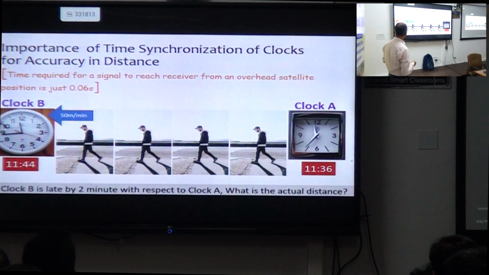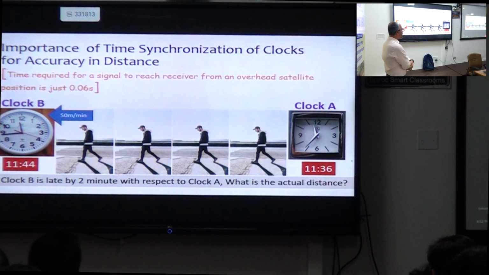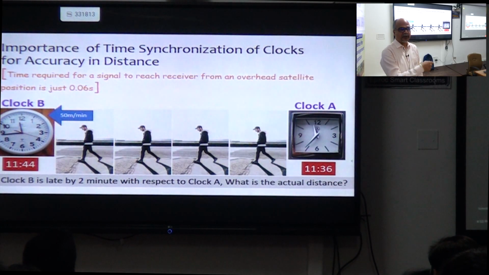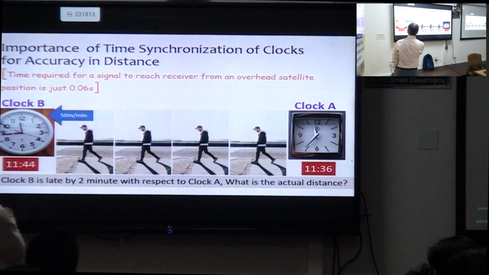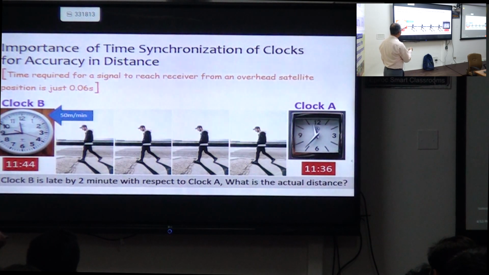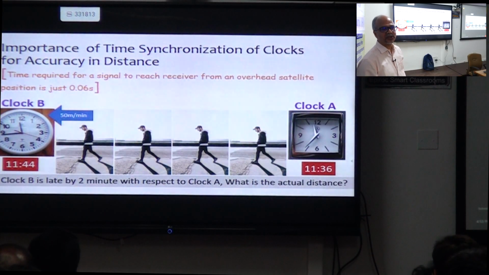Now, if I tell you one point, if the clock B is late by 2 minutes, I'm not carrying the clock, so there can be difference between these two clocks. If the clock at B is late by 2 minutes with respect to the clock A, what is the distance actually being calculated, or what will be the actual distance?